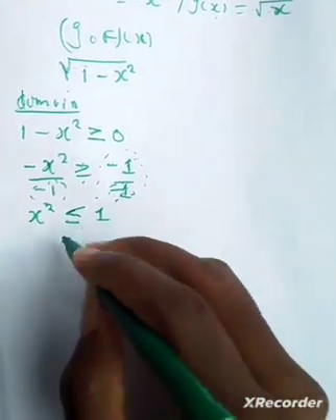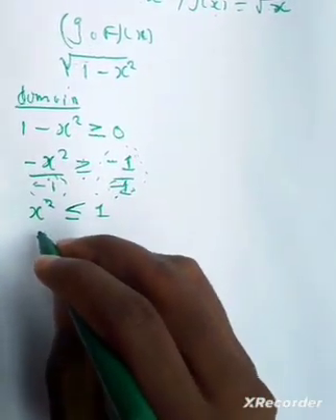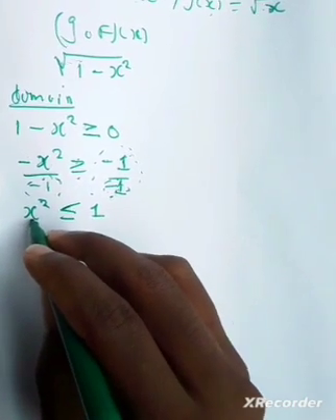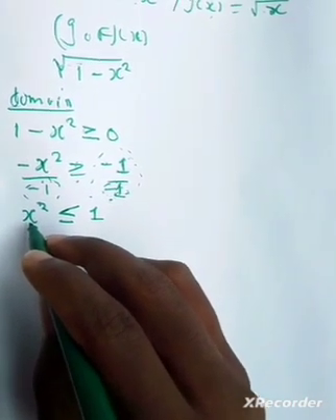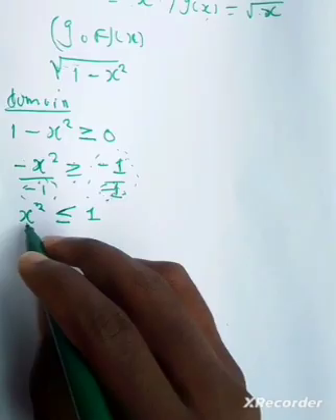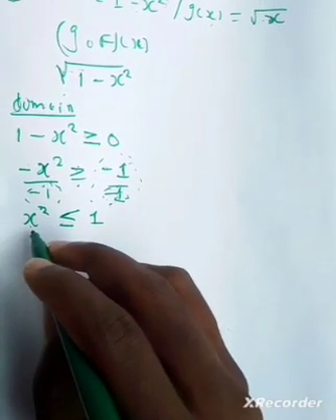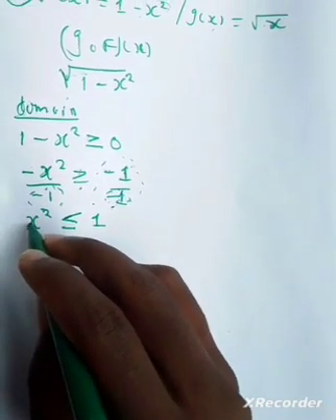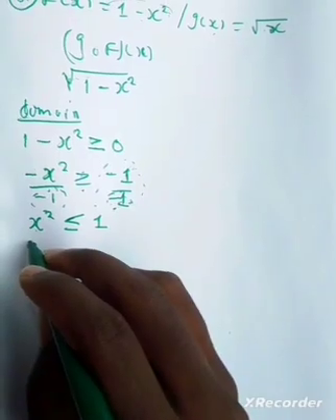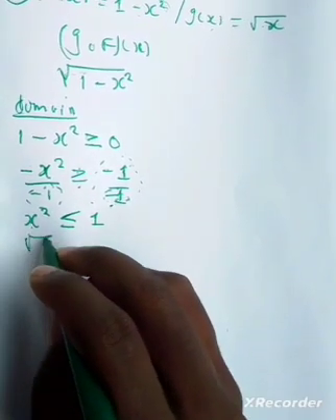Alright, so we can now solve for x by simply introducing square roots on both sides.